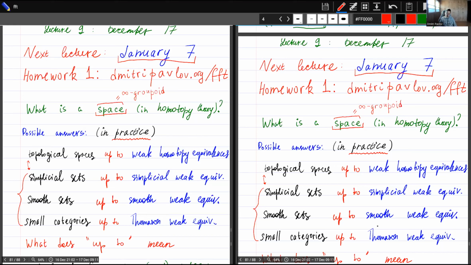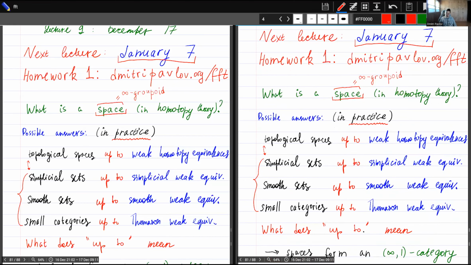And the relevant notion of a weak equivalence is called a Thomason weak equivalence. Thomason did not introduce this class of weak equivalences, but he did introduce the corresponding model structure. So we'll discuss the last three examples in much more detail a bit later.